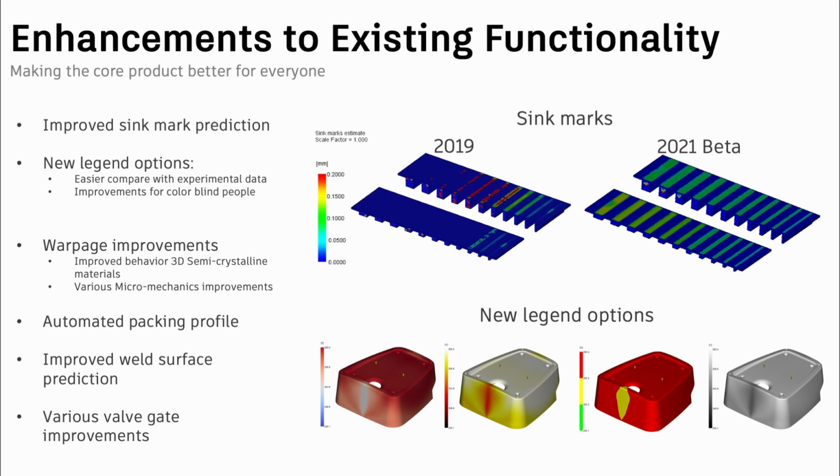The new algorithm should actually give a more continuous appearance, so less spotty and less disconnected. That should help the structural analysis as well. And then we have various valve gate improvements in the software as well. I'm not going to go into the details there.